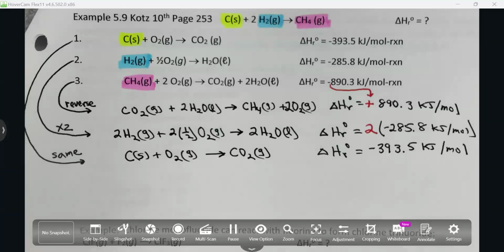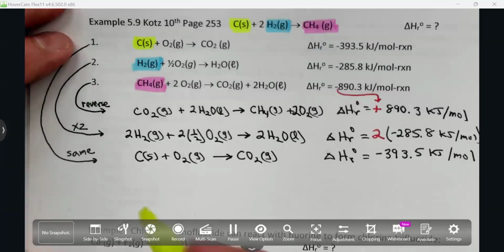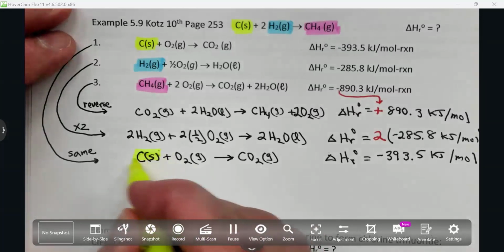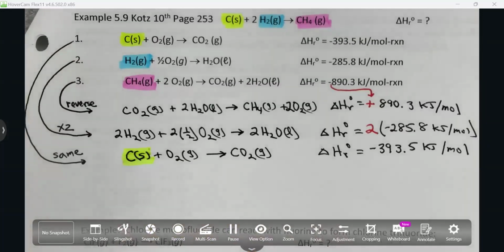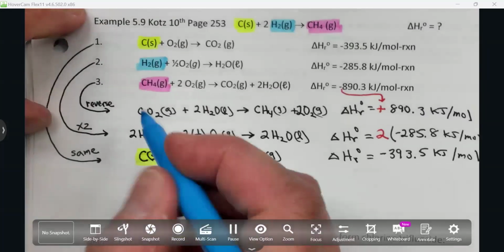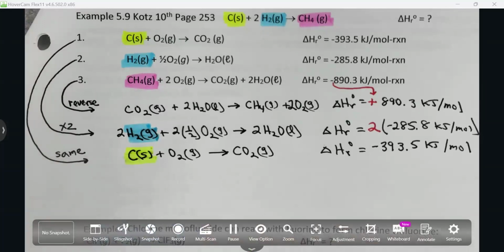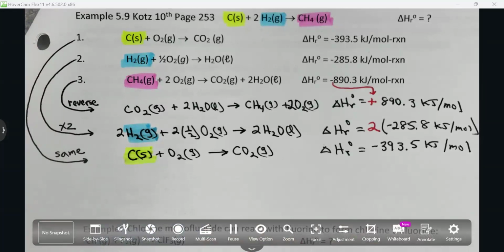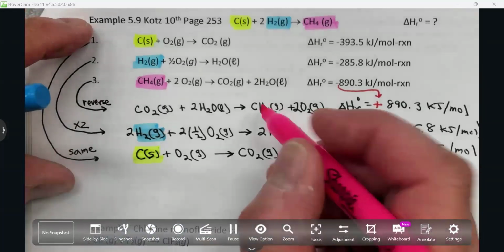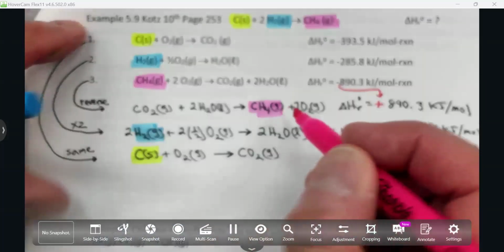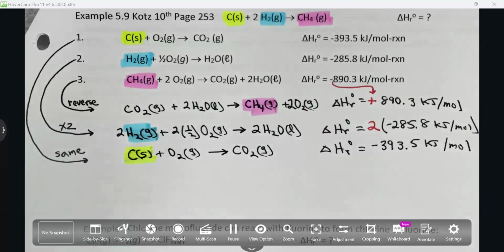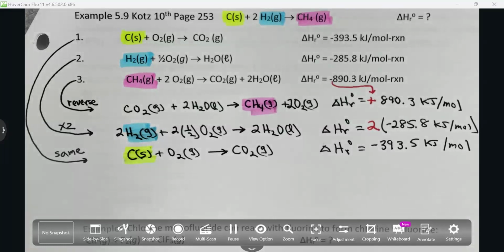Now I'm going to highlight again. Everything you do not highlight has to cancel out, right? Everything you do not highlight needs to cancel out. So everything else needs to cancel here.